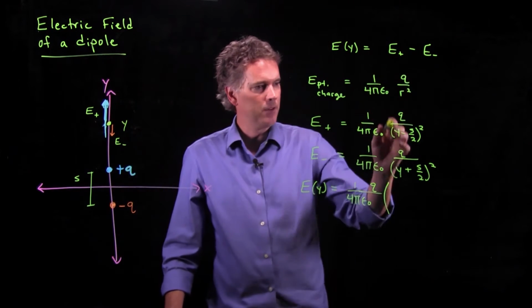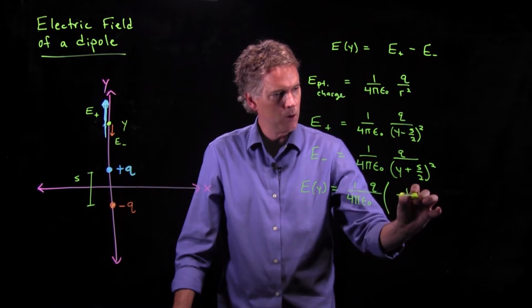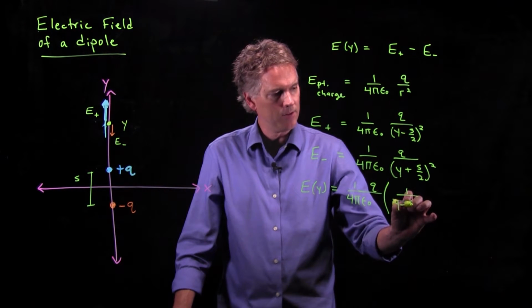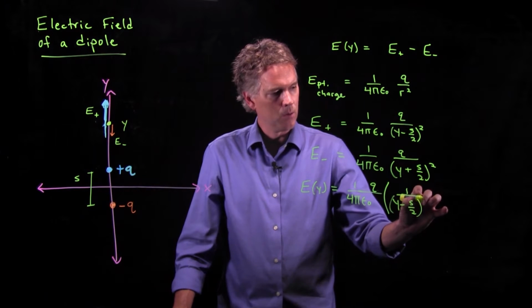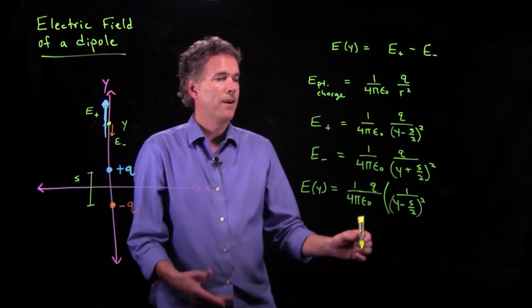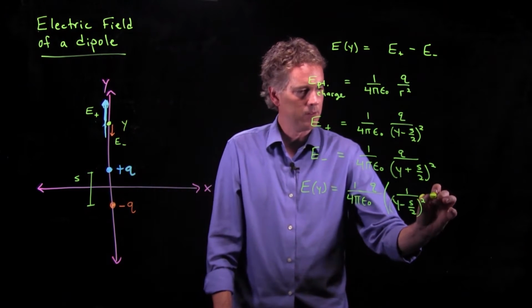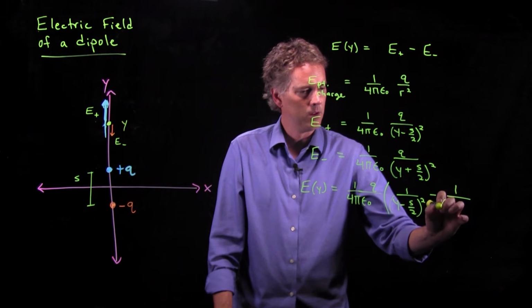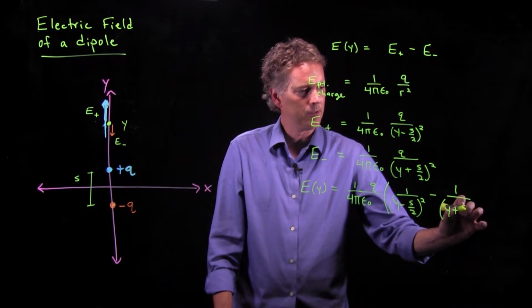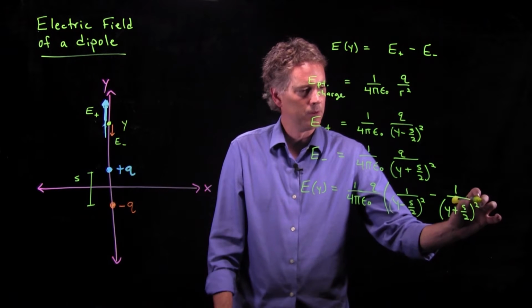E positive, what's left? It's 1 over y minus s over 2, quantity squared. And then we have to subtract E minus, so it's minus 1 over y plus s over 2 squared.